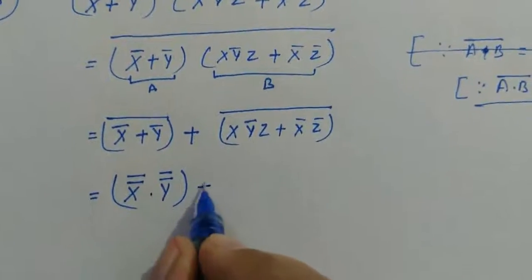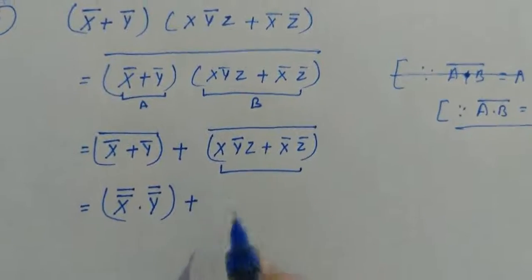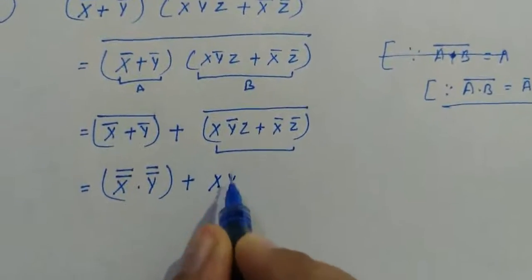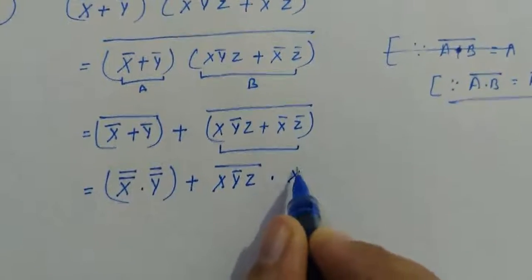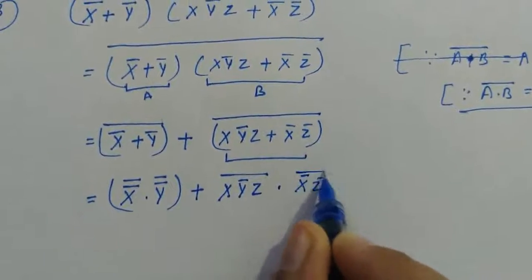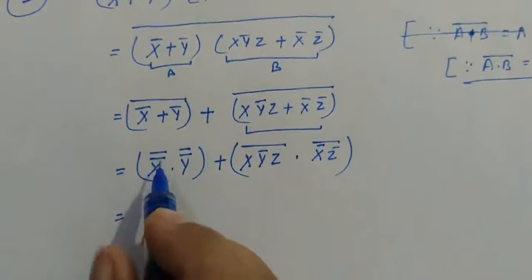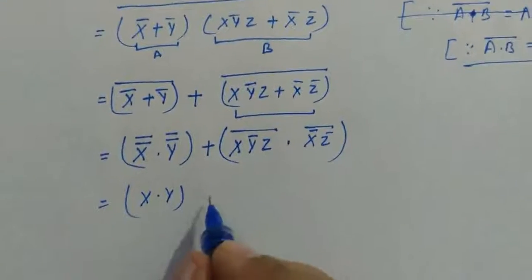This is the first expression. Then here also we can apply De Morgan's. Here a plus sign is there, we can change it to multiplication: (Y Z) whole complement dot (X complement Z complement) whole complement. X complement complement is X, Y complement complement is Y.